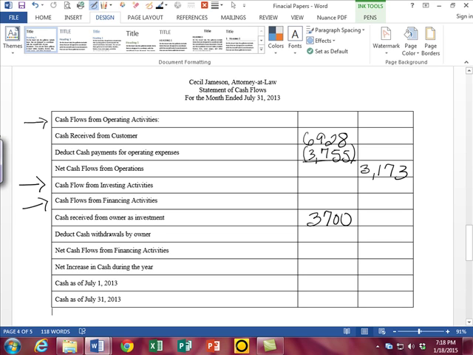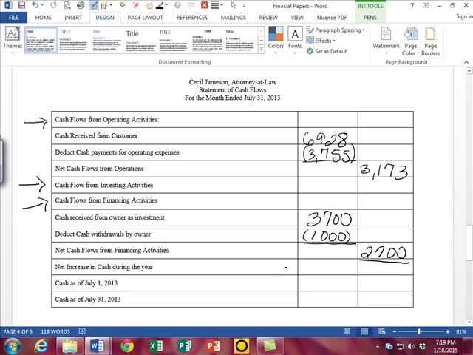We're going to deduct out any withdrawals by the owner, and in this month, the owner took out $1,000. So we're going to list $1,000 as a negative number. Right, draw a line, do a calculation, and then our net cash flow from financing activities is $2,700.